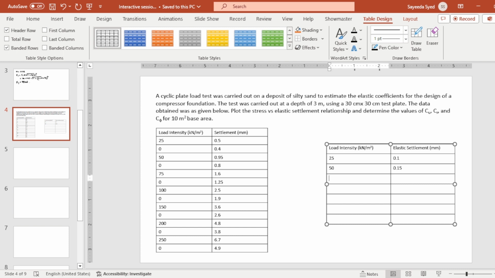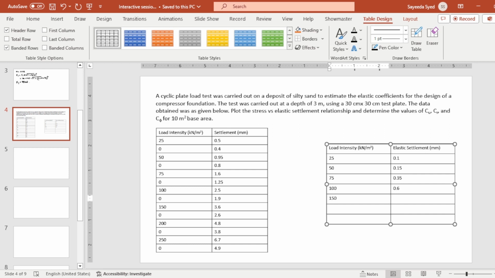For 75, we'll have a settlement of 1.6 minus 1.25, which will be 0.35. For 100, we will have 2.5 minus 1.9, which is 0.6.